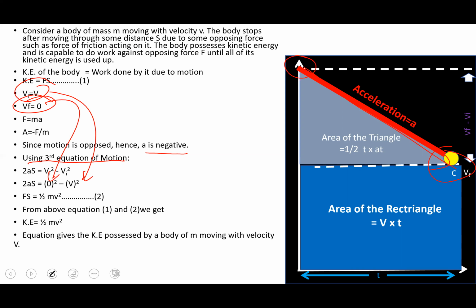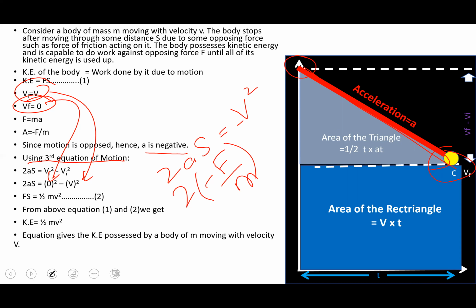Let's consider that. So in this case, we said that 2as is equal to Vf square minus Vi square. That means initial velocity is in minus. Now, in this case, we have to find the force. Here we have a is equal to minus F over m.